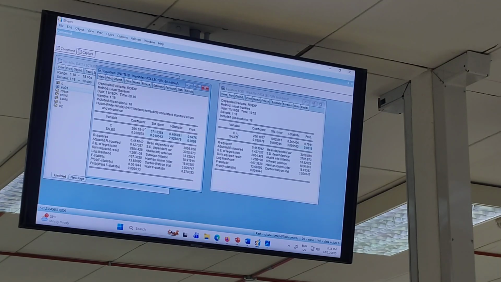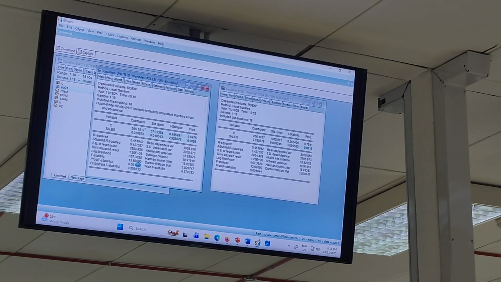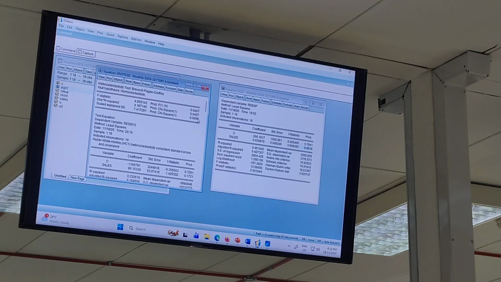So you cannot test this before, because the estimate of the coefficient is still the same. If you test this one, it still shows the result of the original one, like before. So you cannot check whether this approach is able to remedy the problem or not.